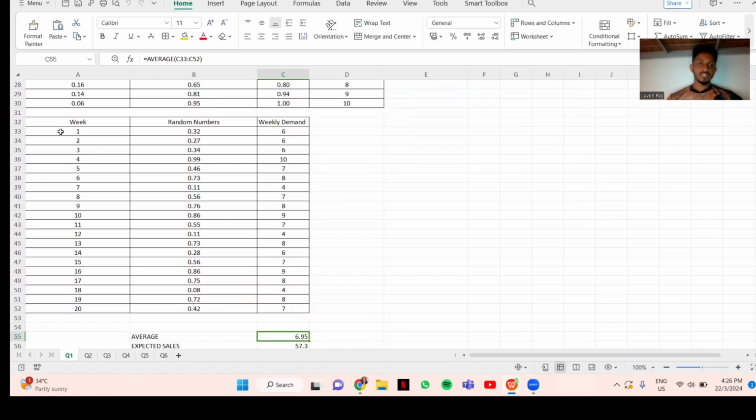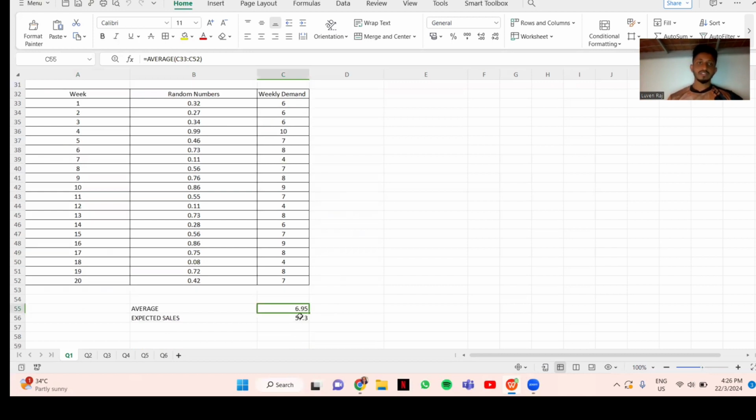I just drag the whole random numbers until C52, and I get the average of the weekly demand.